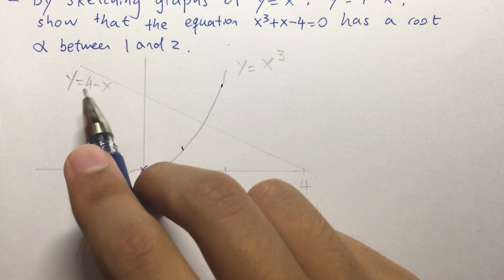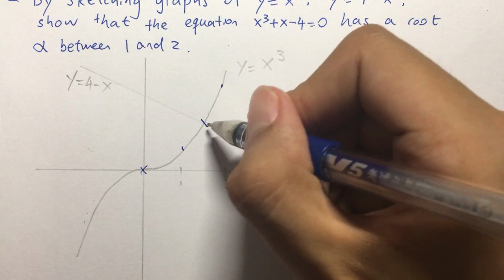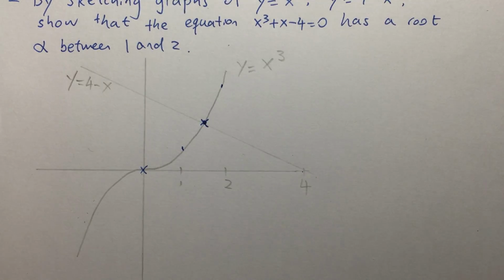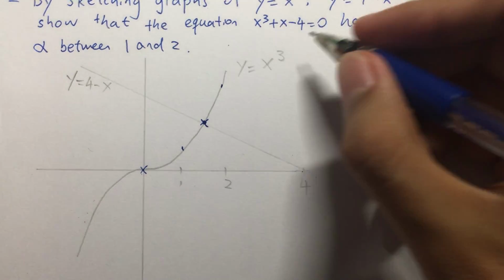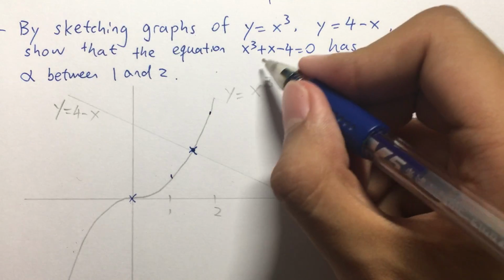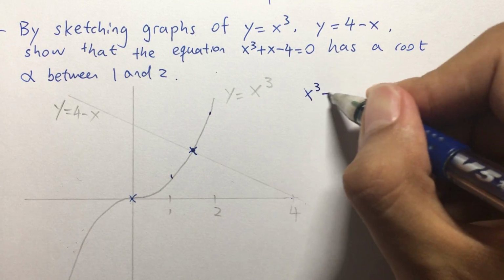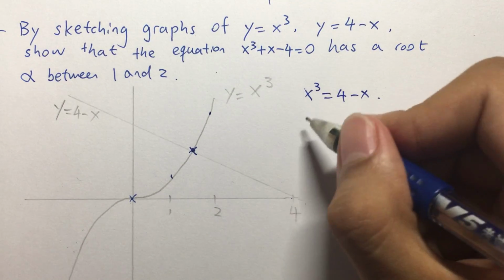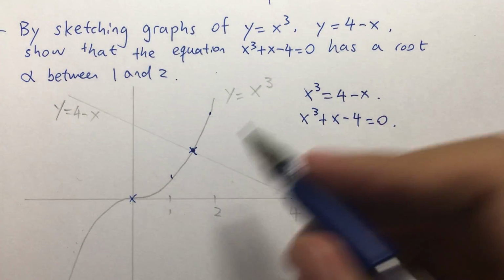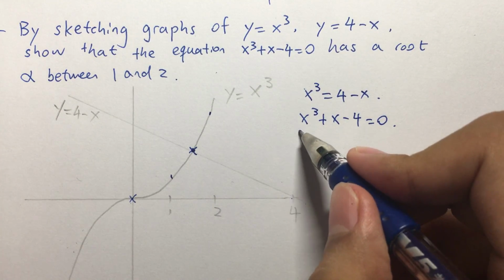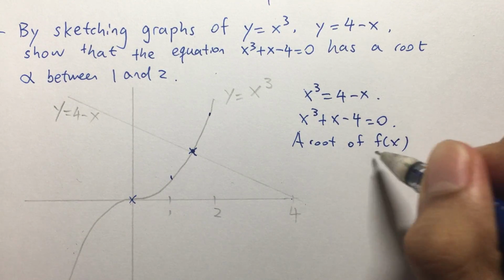However, for y equals 4 minus x, it is quite easy to draw the line, and we obtain the point here as our intersection. This intersection is a root, right? At this intersection, x cubed equals 4 minus x, which means x cubed plus x minus 4 equals 0, so this is a root of this function.